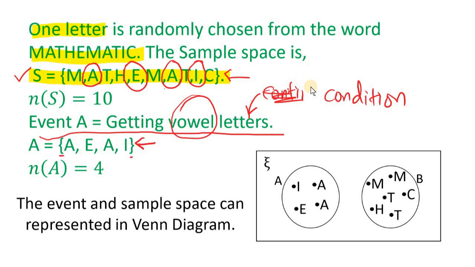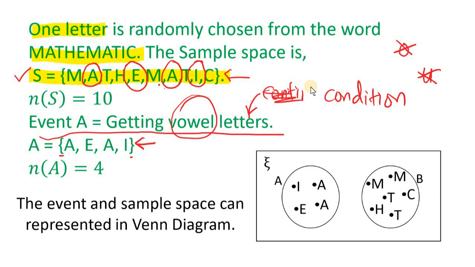Okay, so this is the event A, E, A, I. Okay, based on the sample space. Okay, we cannot take any letter out of the sample space. That's why in here I'm not writing down O or I'm not writing down U. Okay, O and U, both of them are vowel letter, but these two letters is not inside the words mathematics. So that means I cannot take as a event.